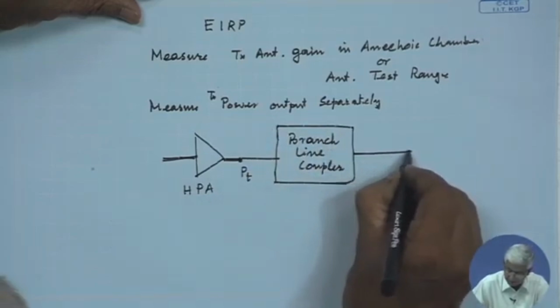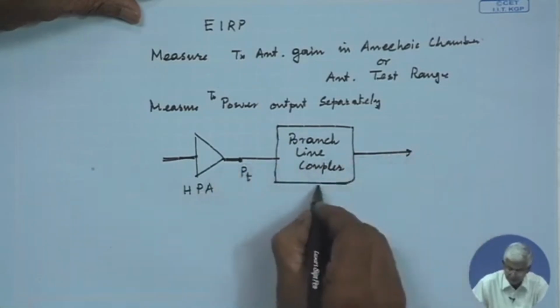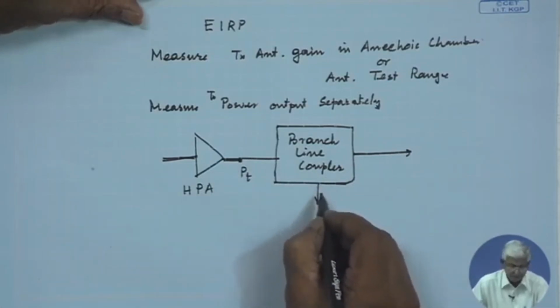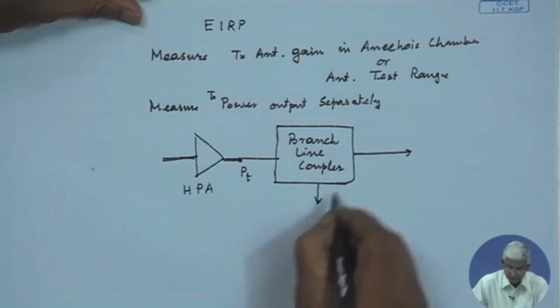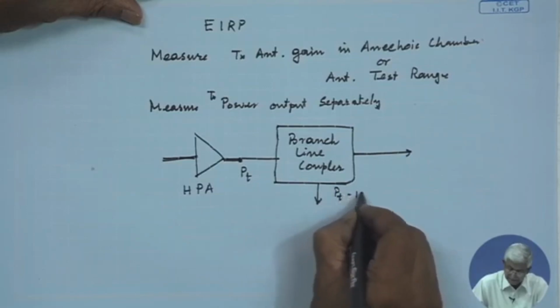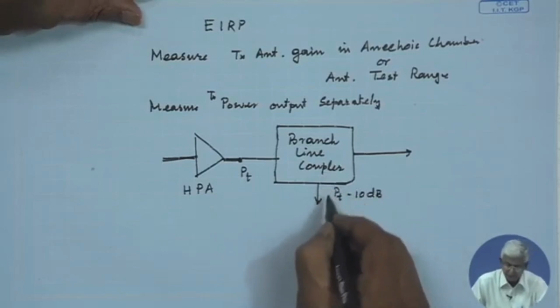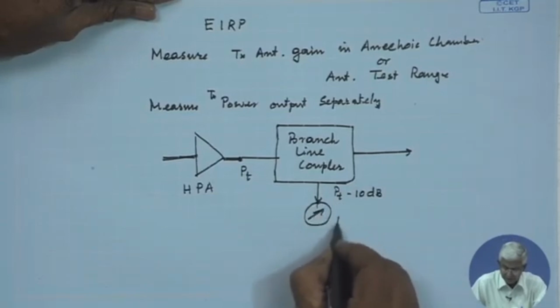It keeps a throughput through which the power goes directly, and it couples some sampling power out of it at a certain ratio. Say if it is a 10 dB coupler, you will get PT minus 10 dB. If it is a 20 dB coupler, PT minus 20 dB. So, 1/100th of that is taken out, and that you put on a power meter.